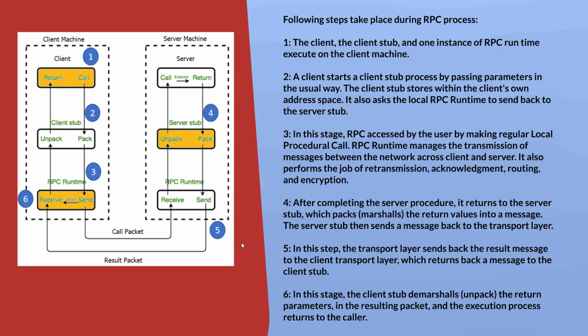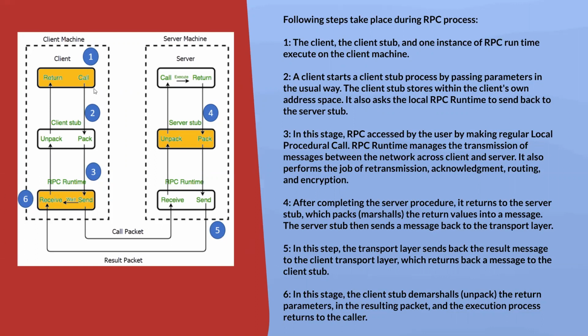Now, in the third step, the RPC is accessed by the user by making a regular local procedure call. The RPC runtime manages the transmission of messages across the network between client and server. It also performs the jobs of transmission, acknowledgement, routing, and encryption.